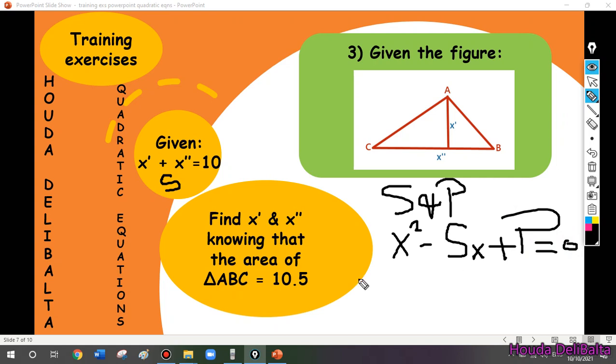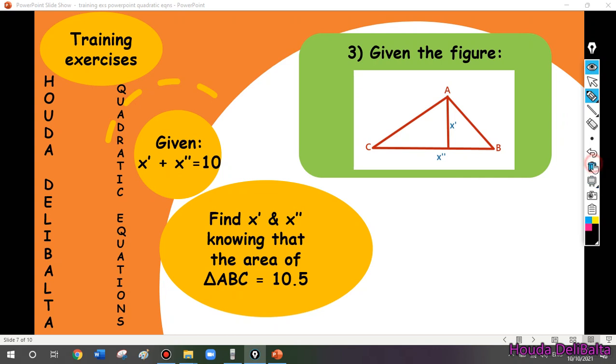So that's our plan. We have to use S and P to form this equation, so we have to pay attention whenever we're given x prime plus x double prime and something related to x prime dot x double prime, which is the product. We can use the sum and the product to form a quadratic equation, and then by solving that quadratic equation we will get x prime and x double prime.